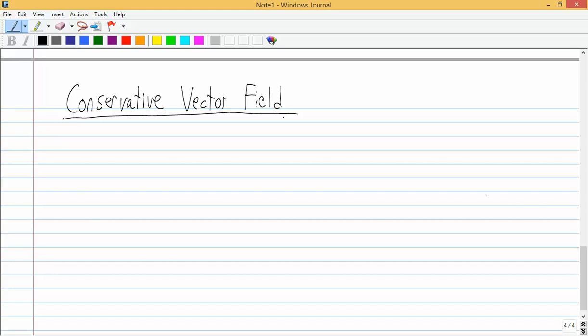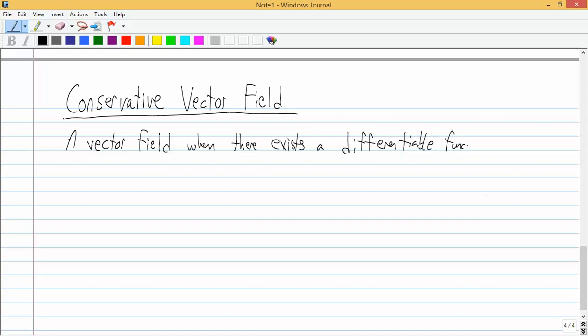Alright, a conservative vector field is a vector field when there exists a differentiable function f such that capital F is equal to del f.